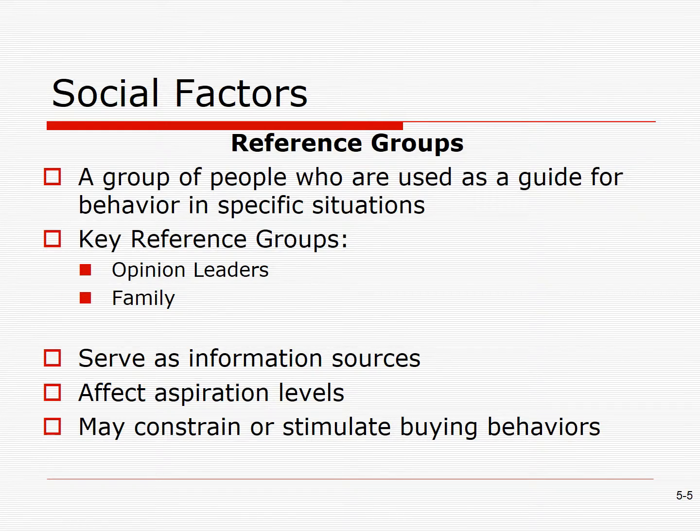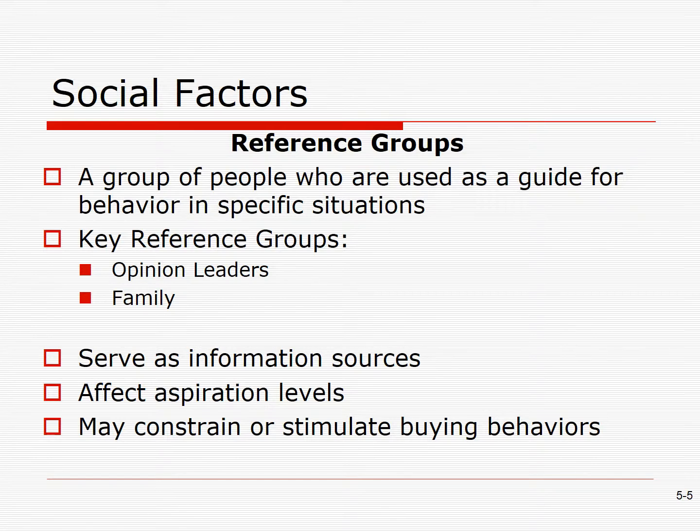And at the same time, these reference groups may constrain or stimulate buying behaviors. I may choose to not buy something because of how I expect my reference groups to respond. And I've used this example in the past. There's a particular kind of car that I really like and I would love to drive. So this sporty, kind of cool car with a big rear wing on the back of it that's kind of silly looking, but still kind of cool.